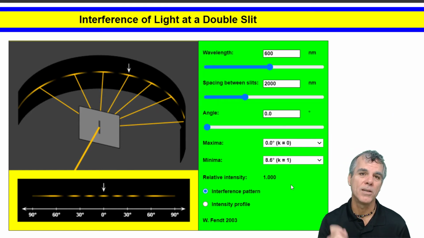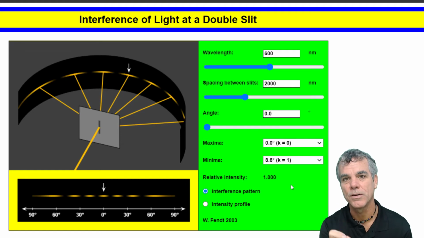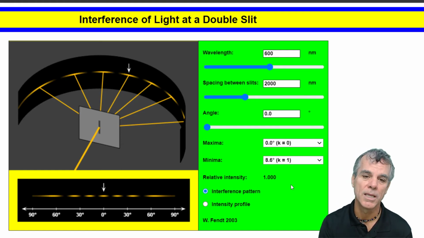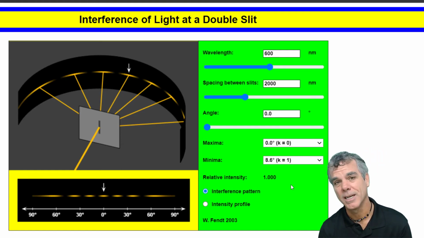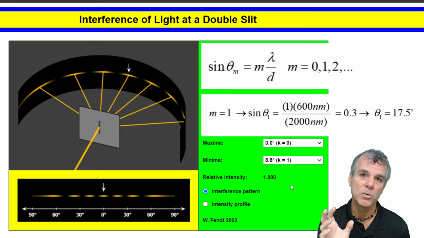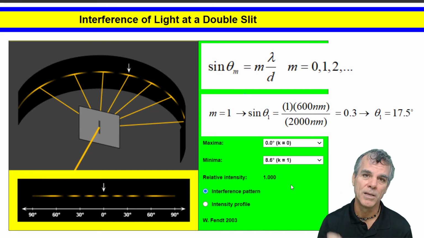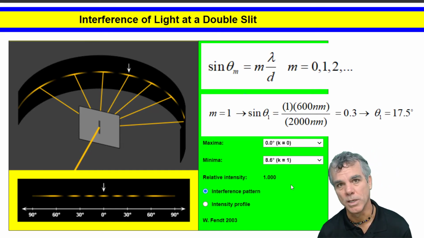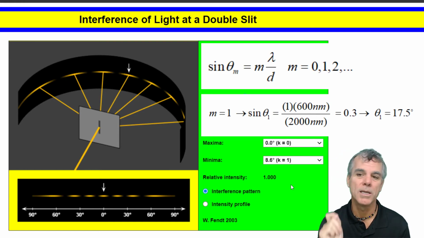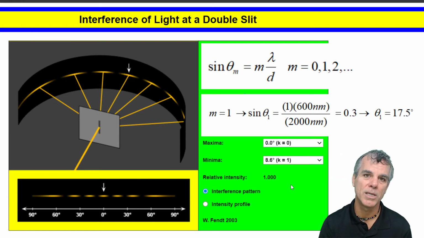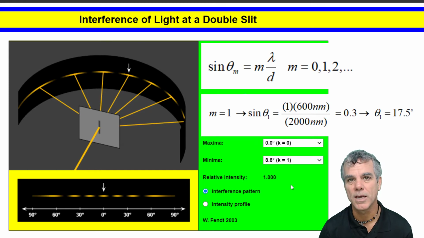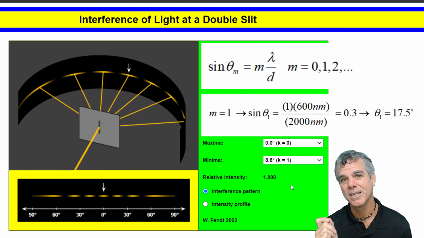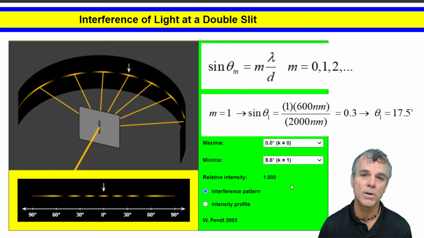Now, if I want to find the angle at which the first order maximum occurs, the m equals 1, then again, I'm solving for sine theta equals m lambda divided by d, but I'm plugging in m equals 1. So with m equals 1, lambda equals 600 nanometers, and d equals 2000 nanometers, what I get is sine theta 1 is 0.3.